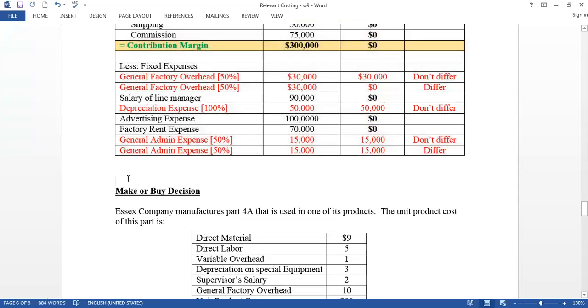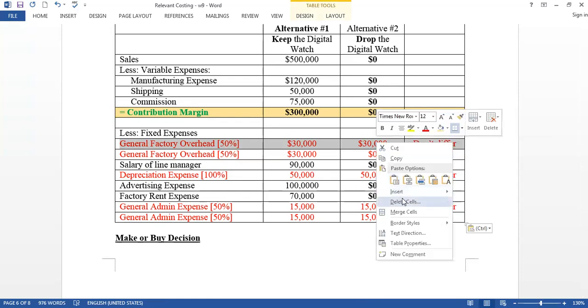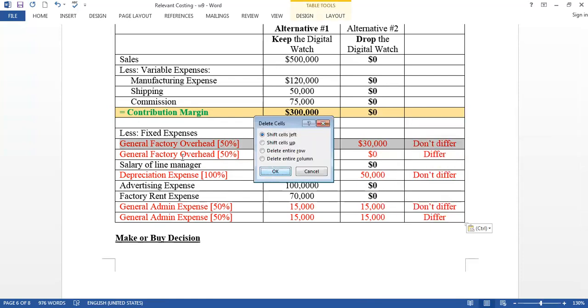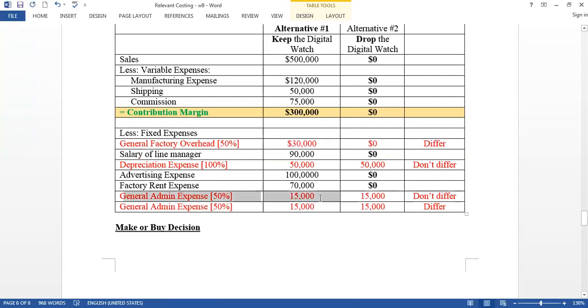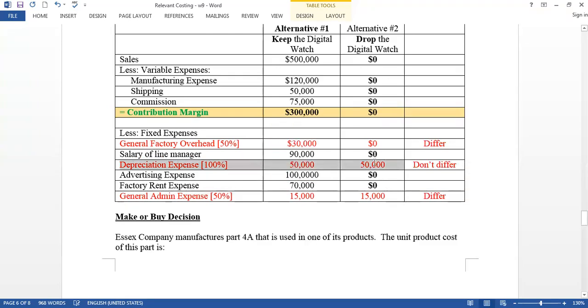Now I paste here. Now which one am I going to delete? If don't differ, I'm going to delete it, right? So 50% don't differ, I delete this 50%. Here another 50% don't differ, I delete this another 50%. Here 100% don't differ, I delete this.